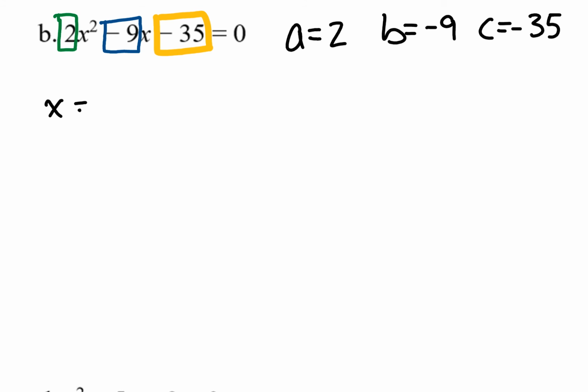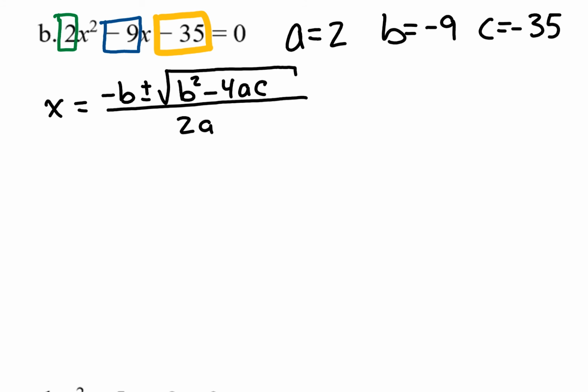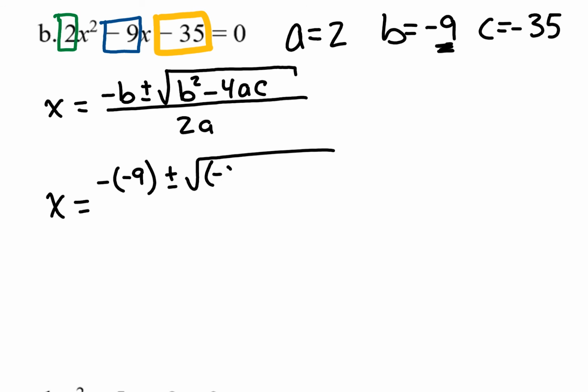Okay, I'm doing this just for practice because we should probably get to where we memorize this. I'm writing x is equal to the opposite of B, plus or minus the square root of B squared minus 4 times A times C, and this entire thing is divided by 2 times A. In the numerator, we're going to plug in these values very carefully. x is equal to the opposite of -9, plus or minus the square root of -9 squared, minus 4 times A, which was 2, times C, which is -35.